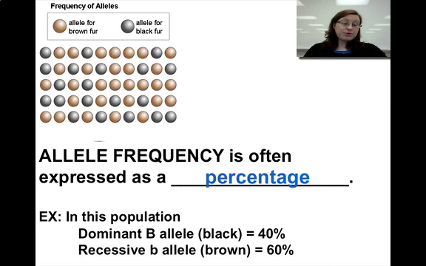So for example, in this population, 40% are possessing the dominant big B allele in some way, and there is a 60% frequency of the little b allele. Okay, remember the little b allele appears twice in homozygous recessive individuals and once in heterozygous individuals, and the dominant B allele appears twice in homozygous dominant individuals and once in the heterozygous individuals.